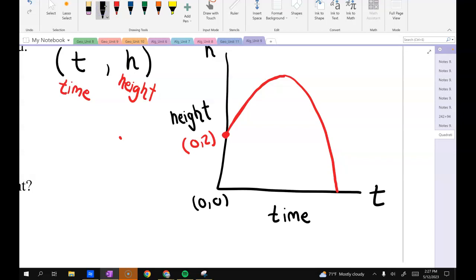On this graph we can find out where our maximum height is. Our maximum height is at the vertex of our graph, all the way up here. This black dot at the top. This is max height.